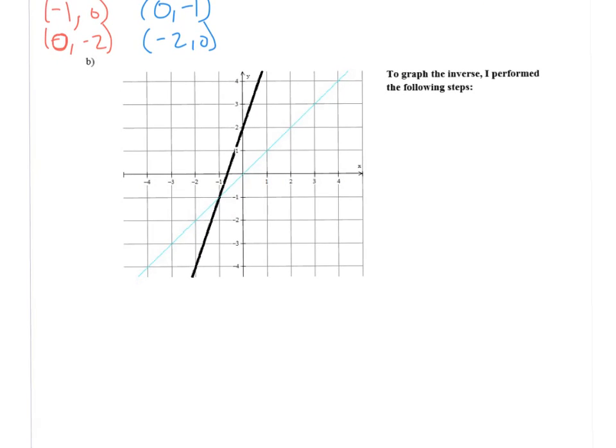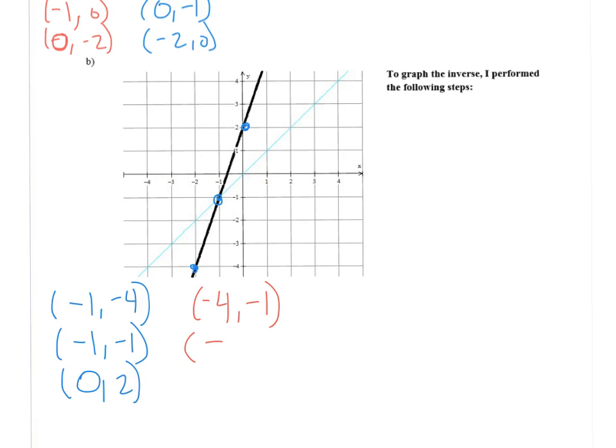Okay, same thing for B. Let's do this point, this point, this point. So that is (-1, -4), (-1, -1), and (0, 2), which changes to (-4, -1). And then, let's see, graphing them.